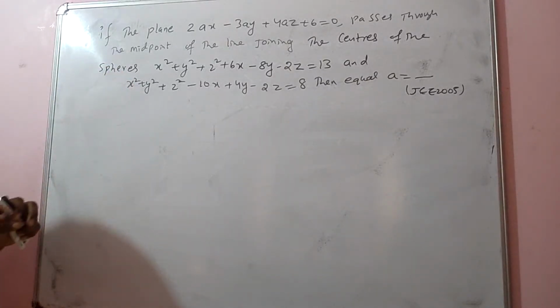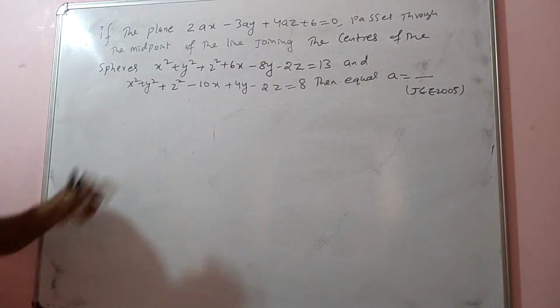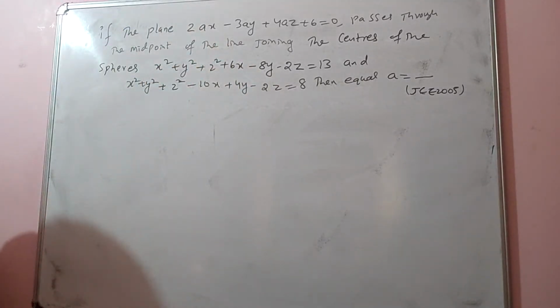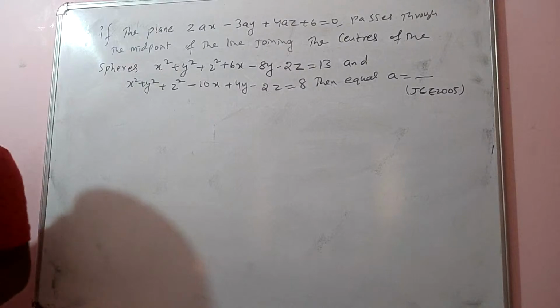If the plane 2ax minus 3ay plus 4az plus 6 equals 0, where a is any number, passes through the midpoint of the line joining the centers of the spheres, one sphere is x square plus y square plus z square plus 6x minus 8y minus 2z equals 13, and the other is x square plus y square plus z square minus 10x plus 4y minus 2z equals 8, then what is the value of a? That's what they're asking. A very simple question. Just listen here.